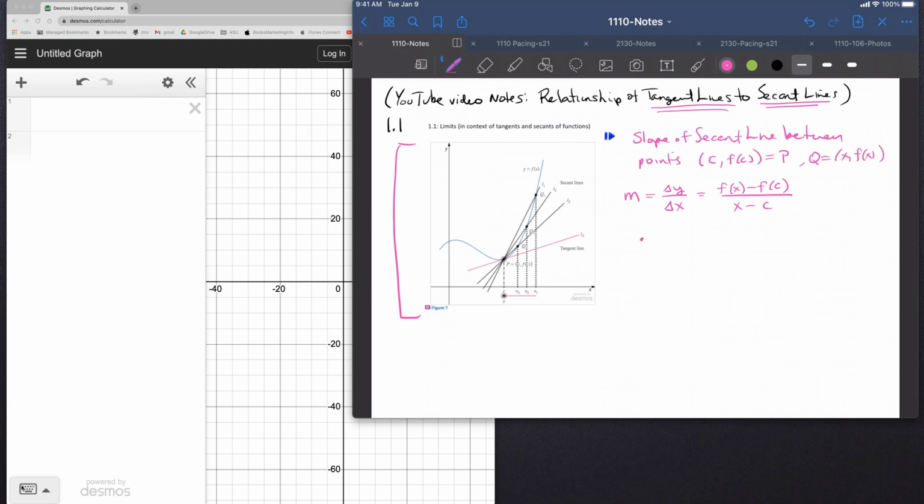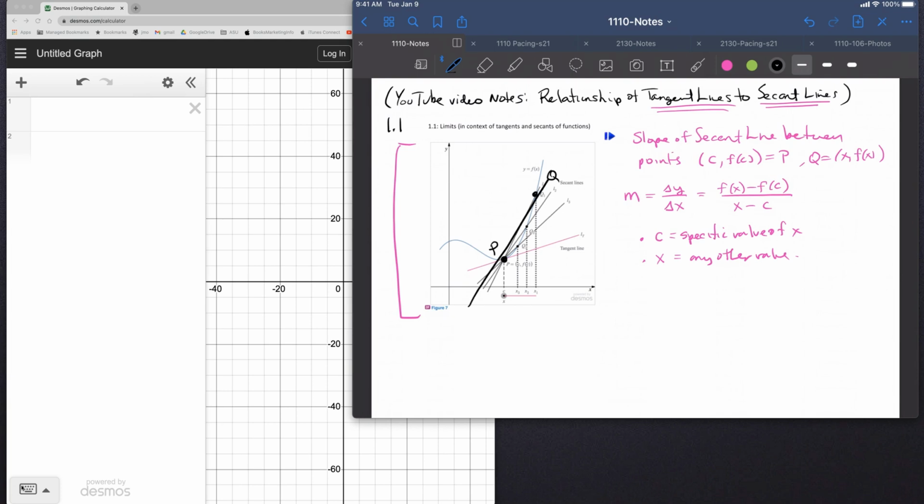And you'll recall, very importantly, that in our book in this section, c is a specific value of x, and the book is using x to be any other value of x. So what we're seeing here, we did this graph moving in class: we have the point P, a point Q, and this line right here was the secant line.